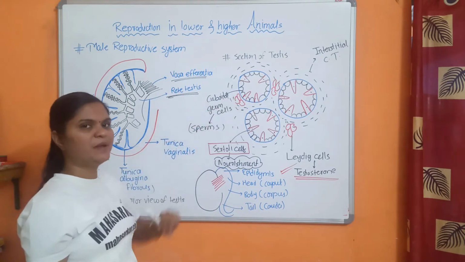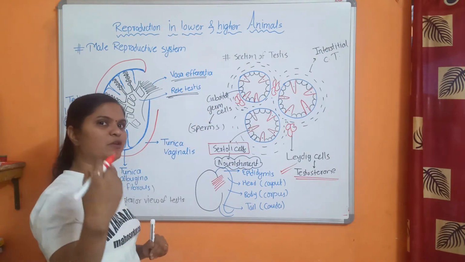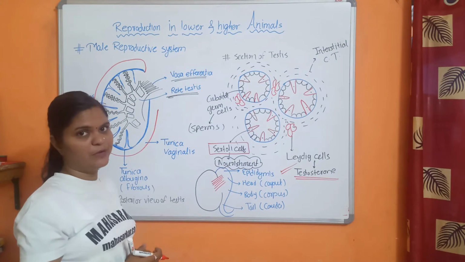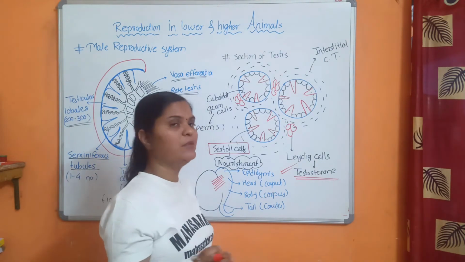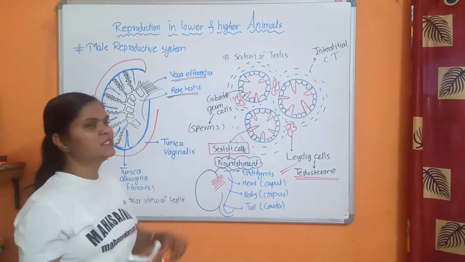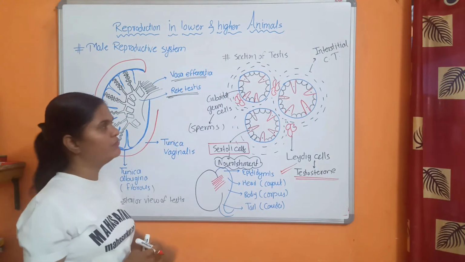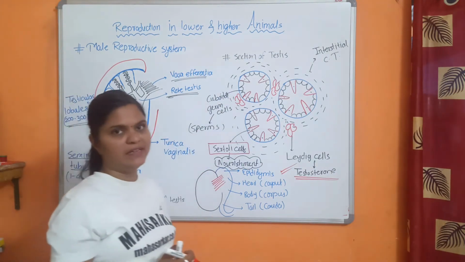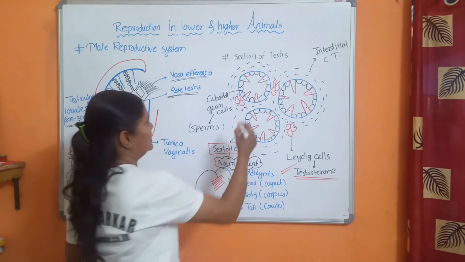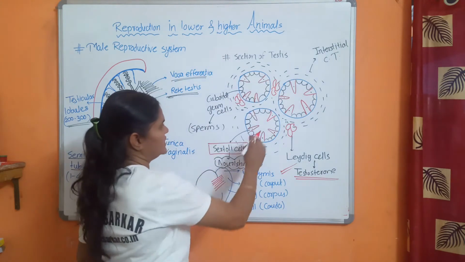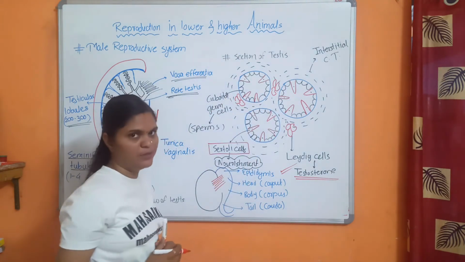From primary spermatocytes, secondary spermatocytes are produced, and the secondary spermatocyte shows the second meiotic division through which spermatids are produced, and from these spermatids finally mature sperm cells are produced. So all these sperm cells are produced in the seminiferous tubules.